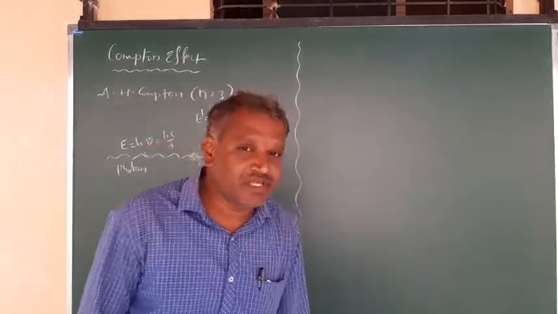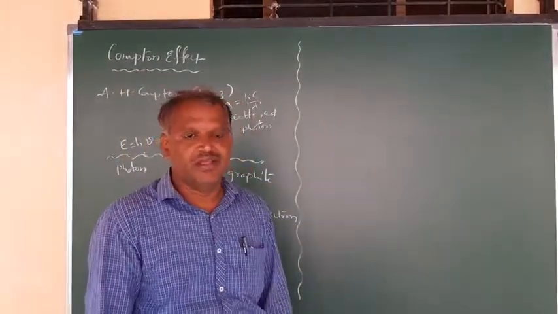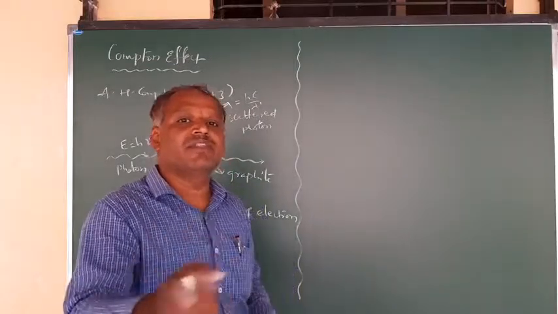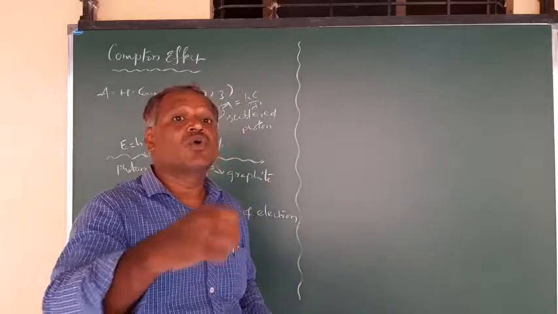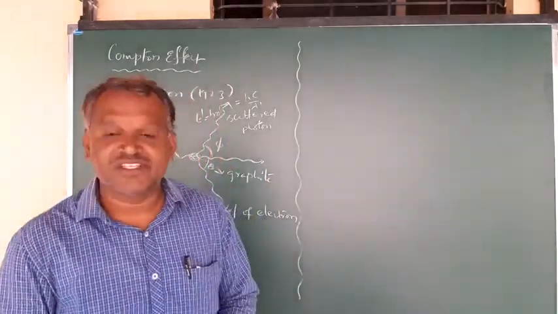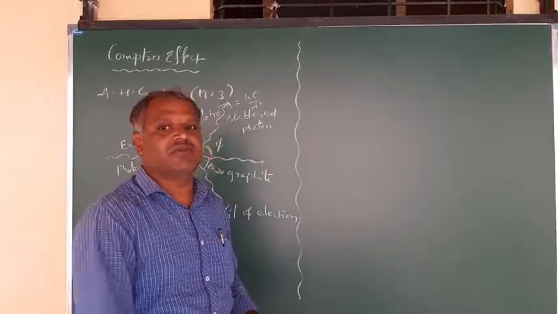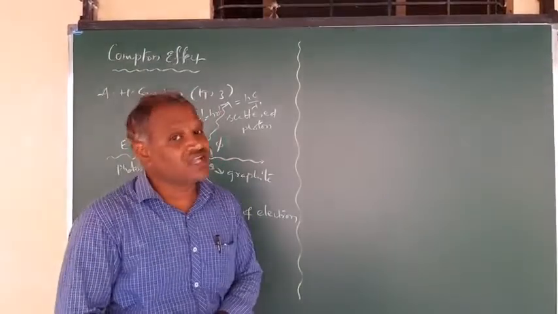There are two types of scattering: coherent scattering and incoherent scattering. Coherent scattering means that after scattering, the photon has the same wavelength as the incident photon. The scattering in which the scattered photon and the incident photon both have the same wavelength is called coherent scattering.